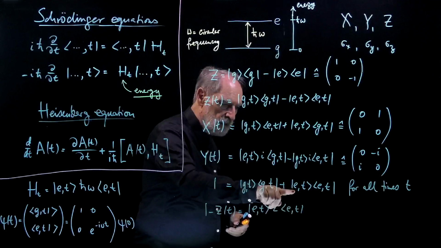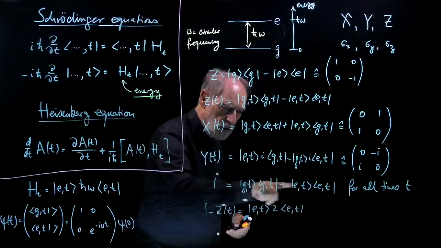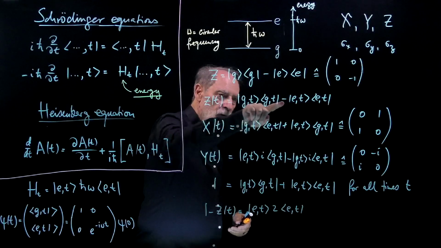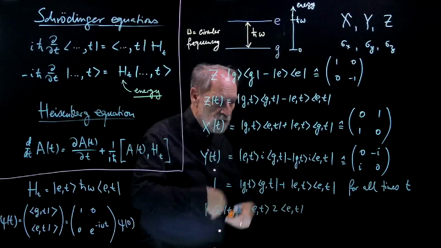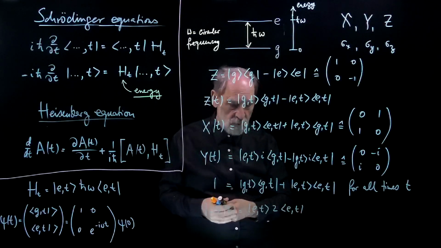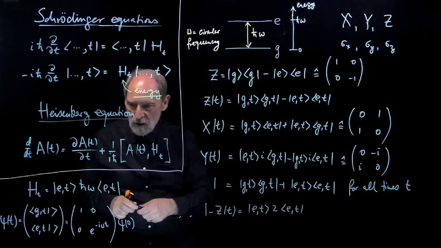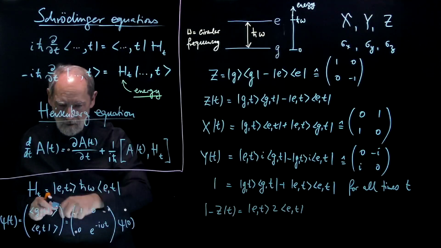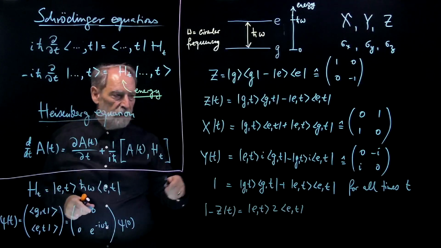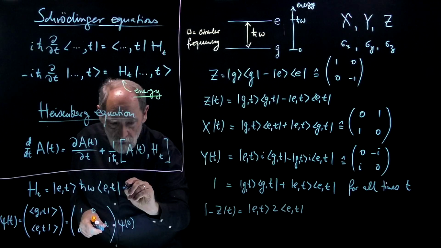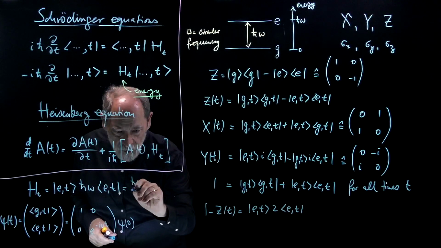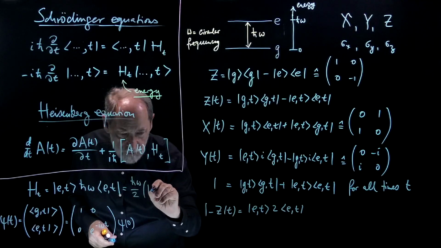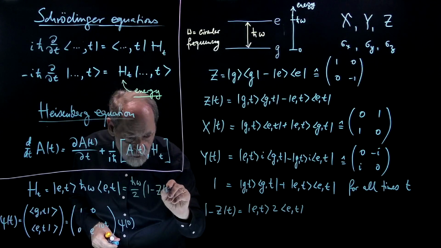I have the excited state ket bra in the identity, and now I'm subtracting negative excited state ket bra. So I'm adding it, and so I end up with a factor of 2, which is to say that this Hamilton operator in this language is equal to h bar omega half times 1 minus z of t.